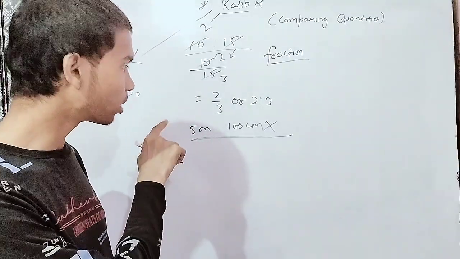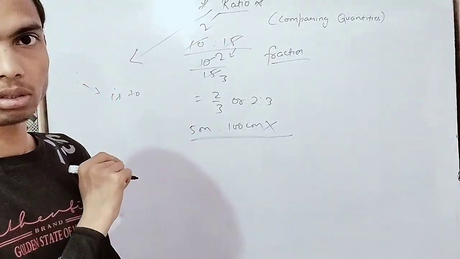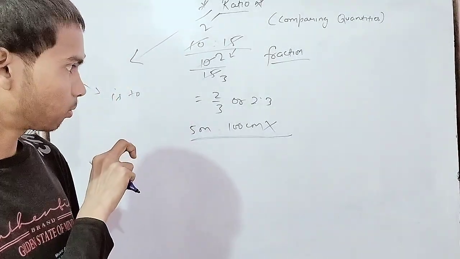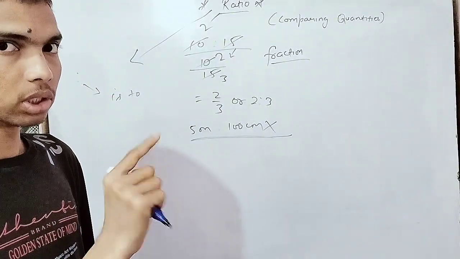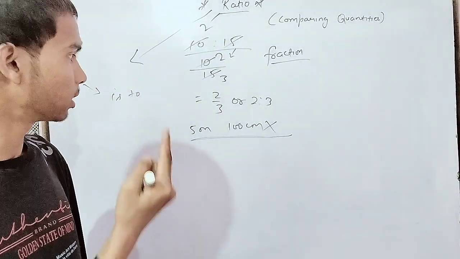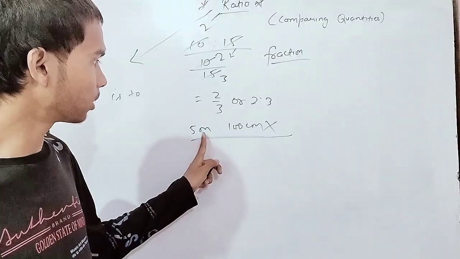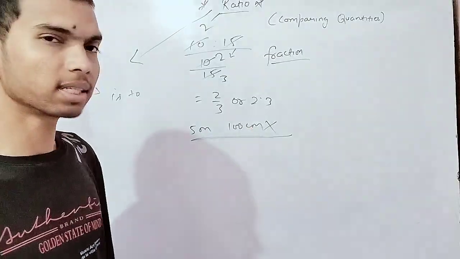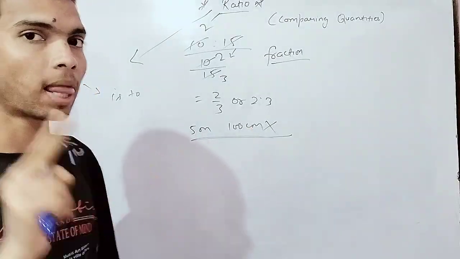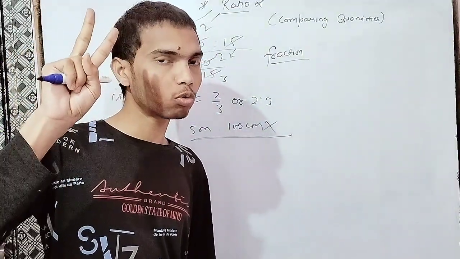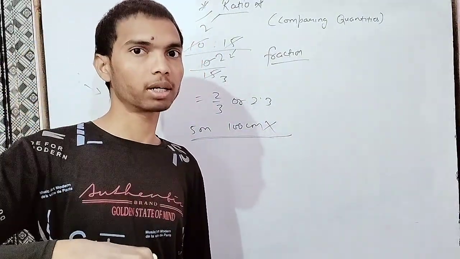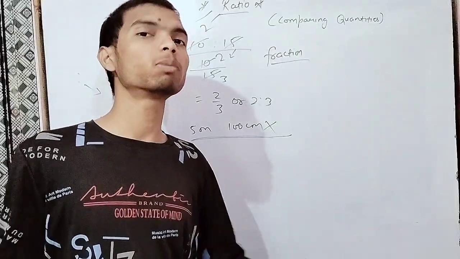We have to convert one of the two quantities into the other. Here, one is in meter and the other is in centimeter. From here we need to understand that the units of the two quantities should be the same.